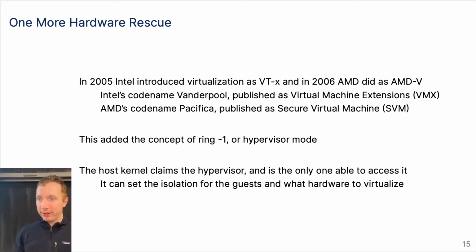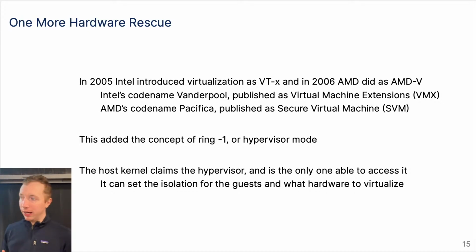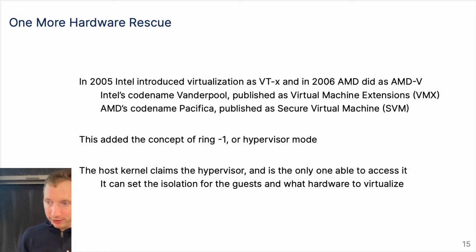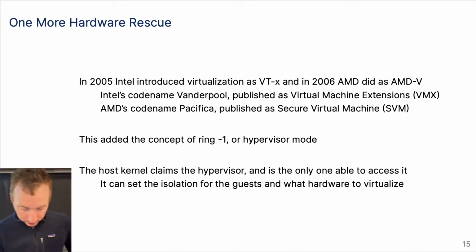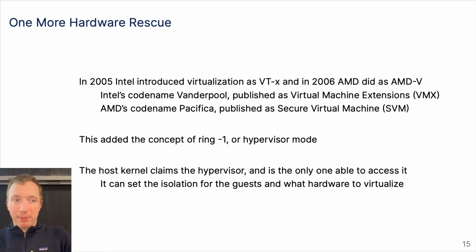But basically, all these did is enable you to use that concept of ring -1 or hypervisor mode. So what typically happens if you enable this on a modern operating system like Windows or Linux or something like that, well, when you boot, the host kernel, which would run at ring 0, is going to claim the hypervisor.